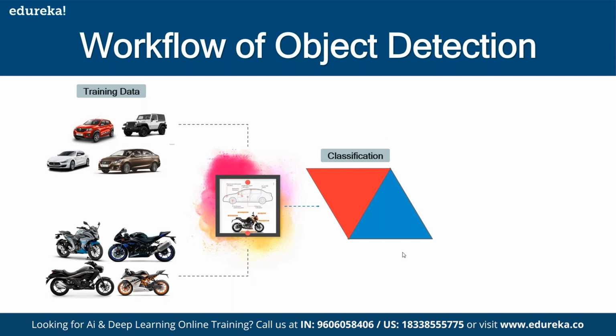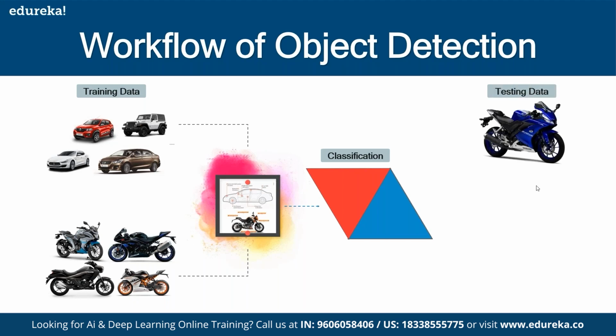Now, once I have trained my deep learning model, I'll use it for testing with new data. Let's say this is the new data that I have not used during my training. I'll send it to my trained model, and I'll be able to generate the outcome which says this input image belongs to the class of bike.